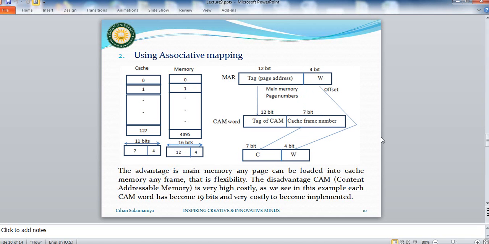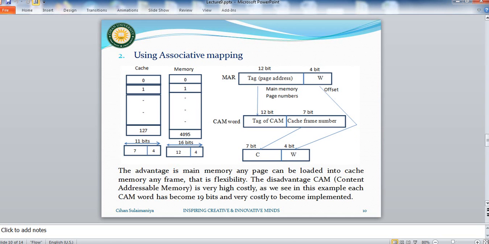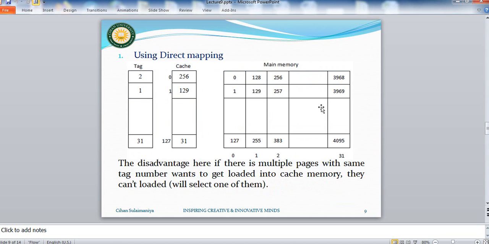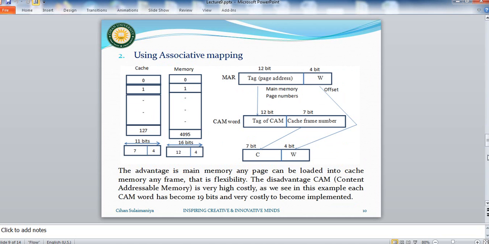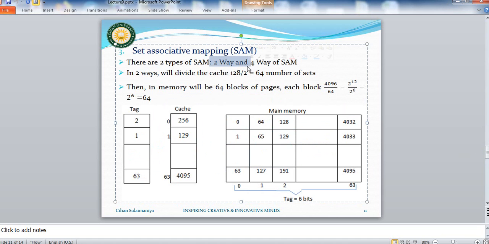However, now in the market, if you buy any computer, your laptop or your desktop, they're using something called set associative mapping. Now set associative mapping is something like direct mapping, but more than direct mapping. There are two kinds of set associative: two-way and four-way.